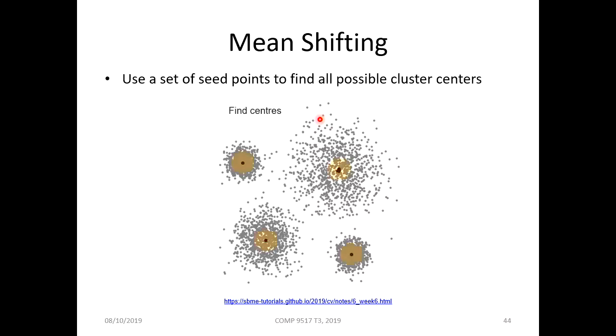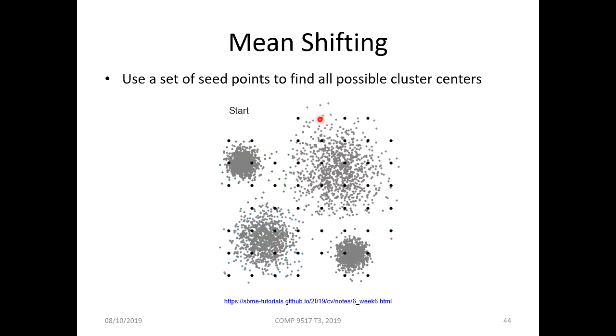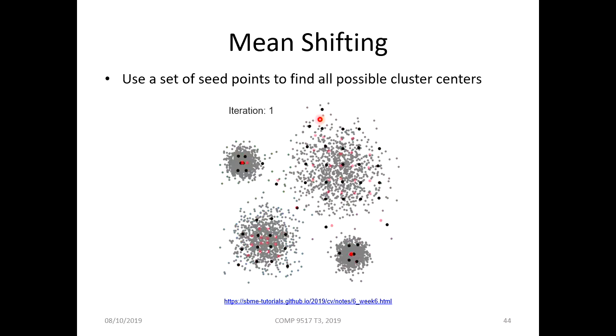So all the points that it visits along the way are going to get the label where that seed point ends up in the end. So seed points that were here are going to move all the way to here, and then you're going to define that as a cluster, but all the points that were visited along the way are going to get that very same label in the end.